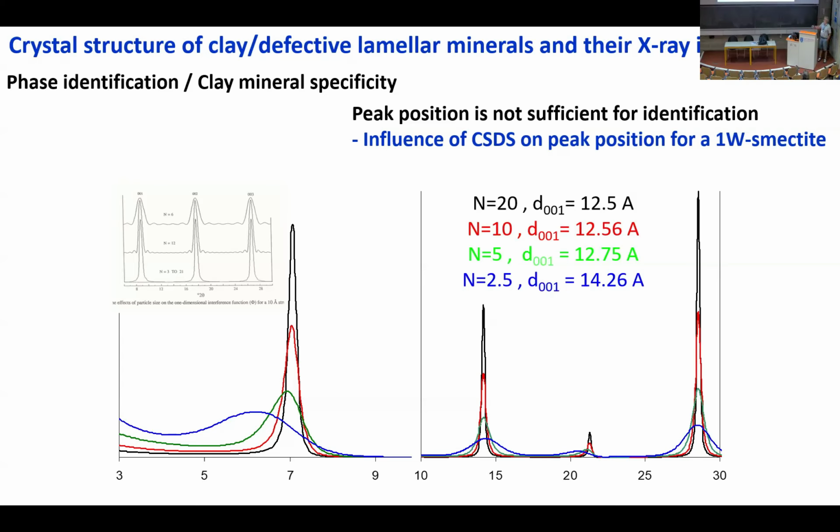In this low angle region, the structure factor is strongly decreasing, which means that when you are broadening the peaks, you are making them go uphill, I would say, and you have a very strong change of peak position for the exact same periodicity, 12.5 angstrom, just because we have decreased a lot the size of the crystal.